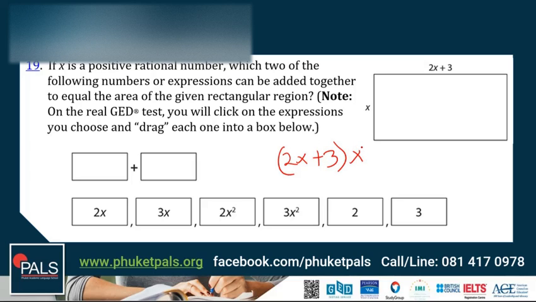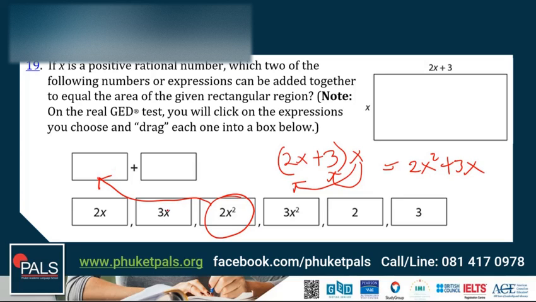Then using the distributive law, 2x times x is 2x squared, and 3 times x is 3x. So therefore, the answer is 2x squared in the first box and 3x in the second box.